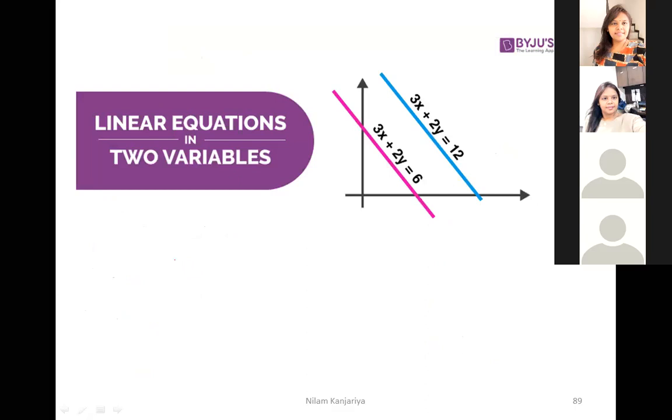This is two variables. They both are linear. Linear means it has only power one, in x and y. If you have two variables, it is called a linear equation in two variables. For such an equation we can apply many methods to find the two unknowns. It is an equation of a line. It represents a line.